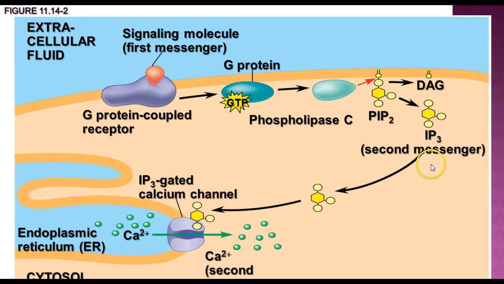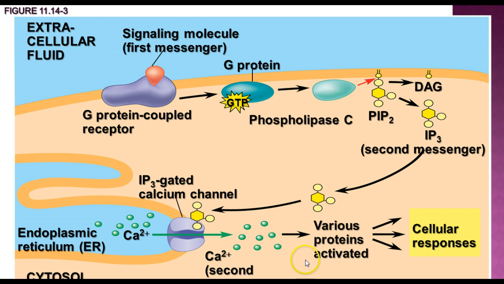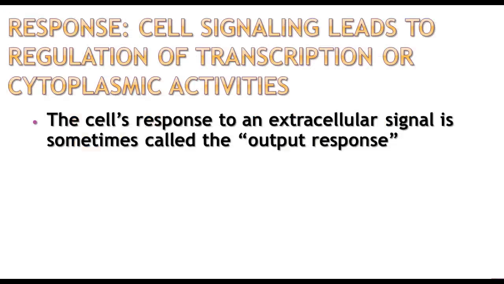The IP3 then acts as the ligand for an IP3 gated calcium channel, which allows calcium ions to be pumped out of the ER into the cytoplasm, and then our calcium ion is a second messenger to activate several other proteins for the cellular response.